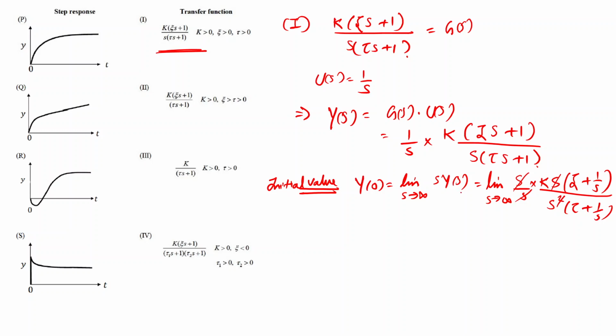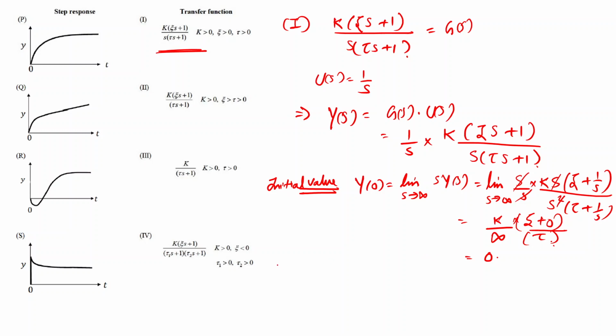Now we can replace the value of s as infinity to find the initial value. So that will become k upon s, and 1 upon infinity will be 0, that is (zeta plus 0) upon tau. So basically this value will be 0. That is, at time t equal to 0, the value will be 0.